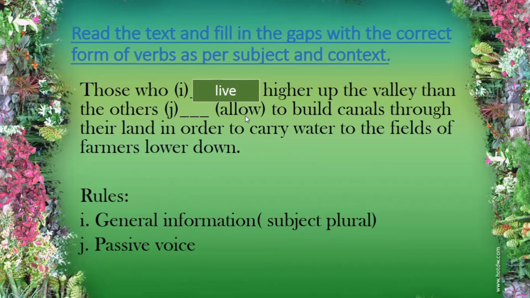So again, we have to use passive voice here. Others is a plural subject. That's why we are using are, and allowed is the V3 form of allow.